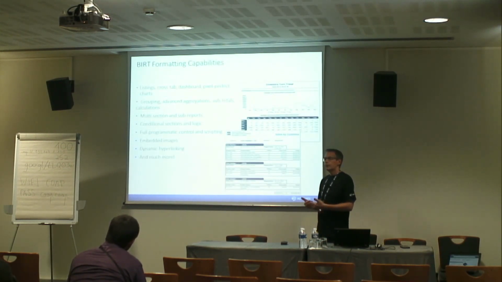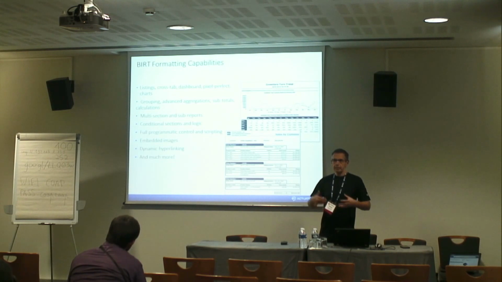The second thing after the data access is the formatting capabilities. We are in a development tool which is aimed at formatting data, visualizing the data, having people come in and just look at stuff on their screen. I'll show you in a moment how we build a report, and you'll see how easy it is to use the tool in Eclipse to create your reports.